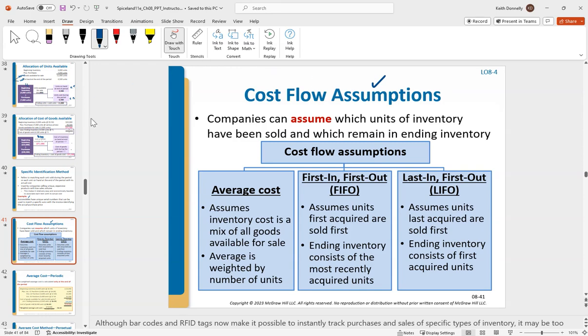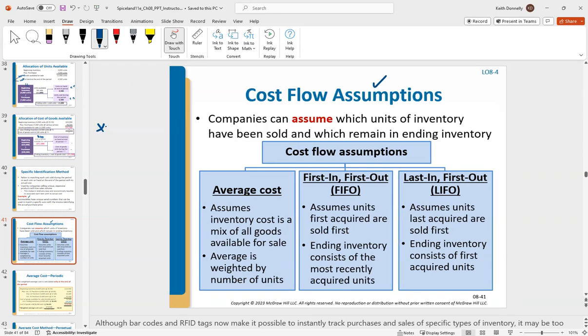So here were our Bic pens. That's what we started with. We bought some more. That was our goods available for sale. We're basically going to take a stance that says, look, we know that we sold, I don't know, what do we have there? 2, 4, 5? We know that we sold 3 of them. We're going to take the stance that it was these 3.